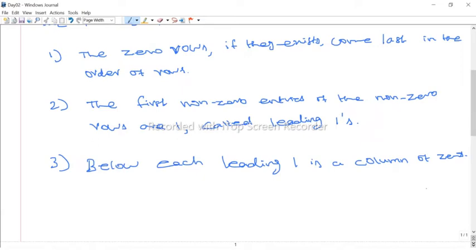That is, suppose we have a matrix and you scan the first row. Suppose everything is 0, and we get some non-zero entry here, that should be 1. That is the second condition. And once you find the non-zero entry, all the entries in the column below it should be 0. That is the third condition.